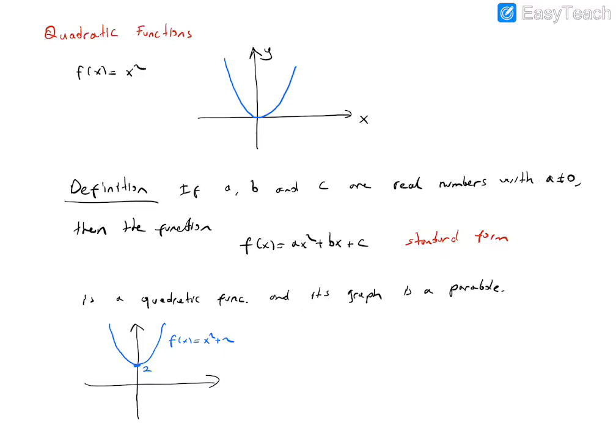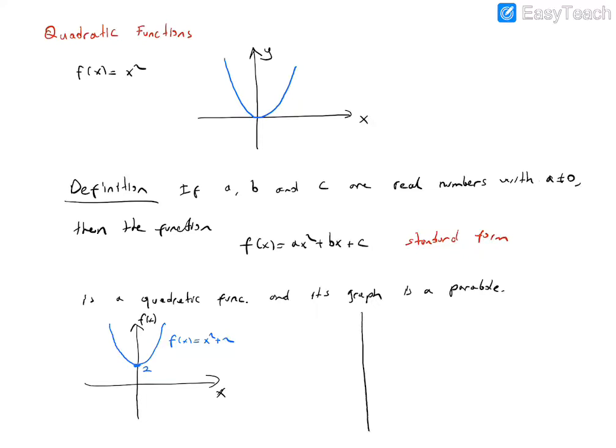This point is 2. This is the x-axis. This is the f of x axis. Here a is 1, if you look at this standard form. b is 0, and c is 2. If we have some b value, maybe it's not easy to sketch the graph of this type of function, but in this course you will learn.